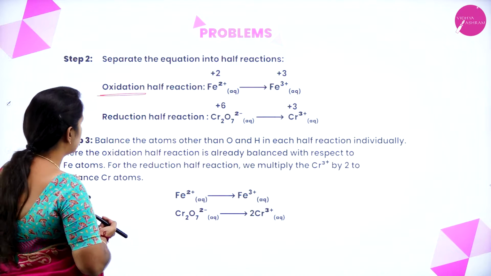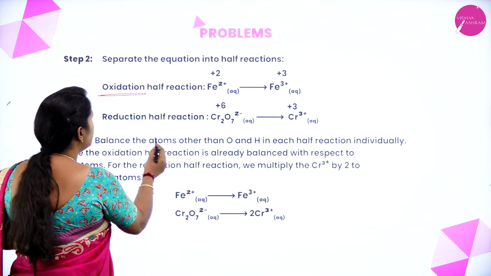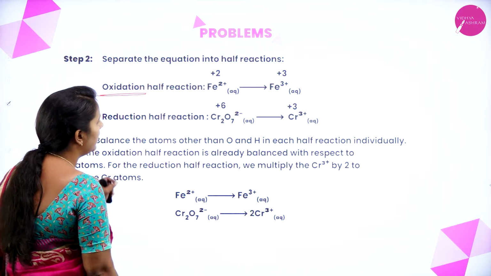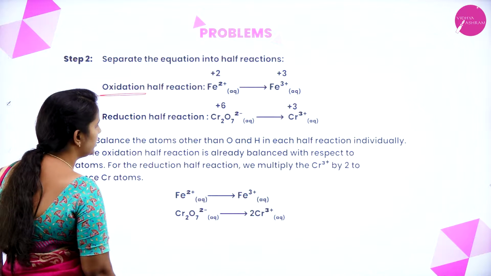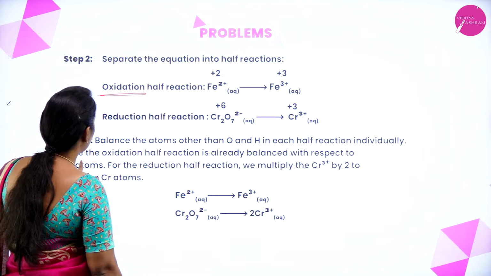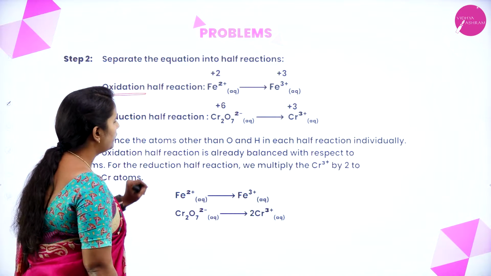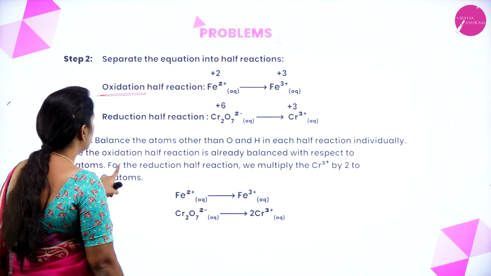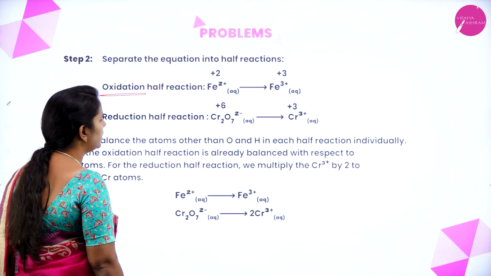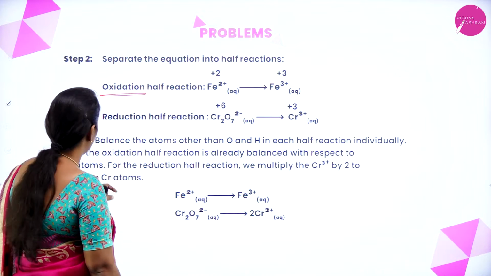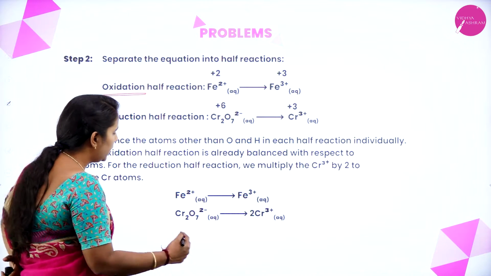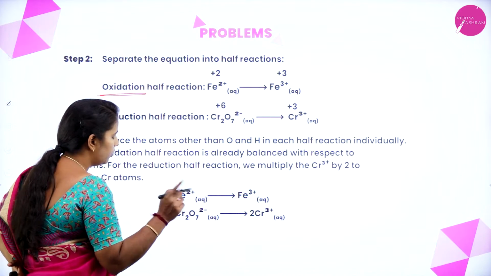In the third step, balance the atoms other than oxygen and hydrogen in each half reaction individually. Here, the oxidation half reaction is already balanced with respect to the iron atom, since there is only one iron atom.